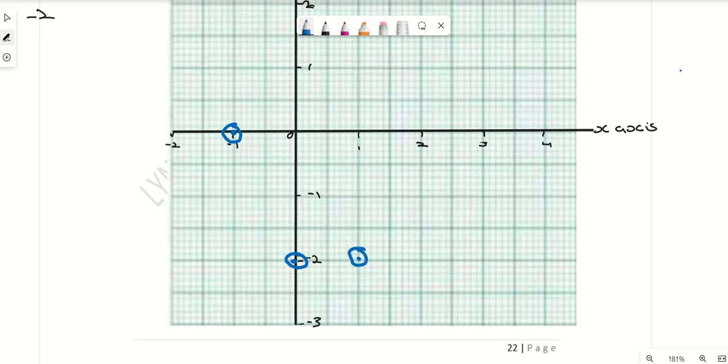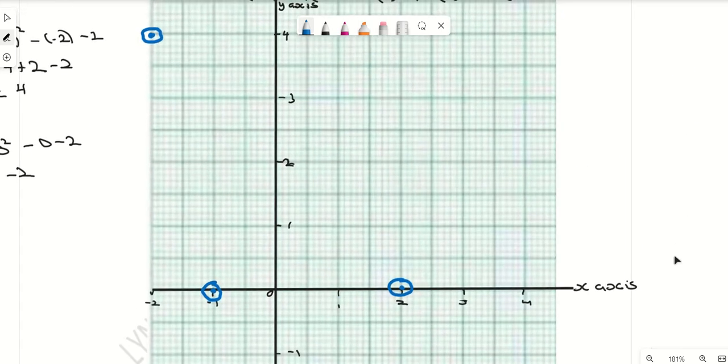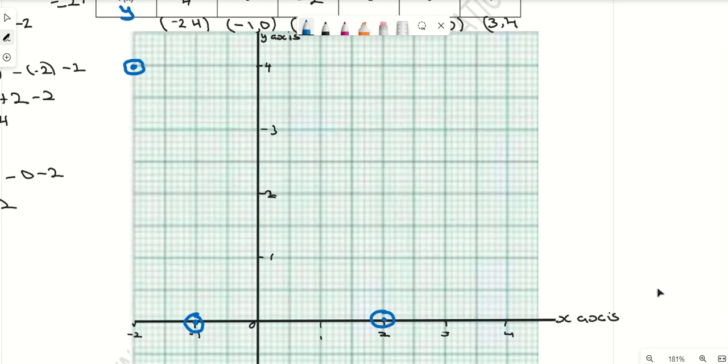Right, the next one is 2, 0. That means x is 2, y is 0, so that is on your x-axis again. And then the next one is 3, 4. That means x is 3, y is 4, so that would be quite up here.